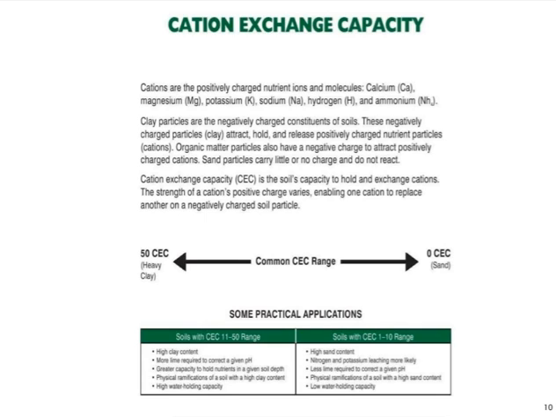We have already seen cation exchange capacity. Cations are positively charged nutrient ions and molecules. We have given some examples like calcium, magnesium, potassium, sodium. They can attract each other.